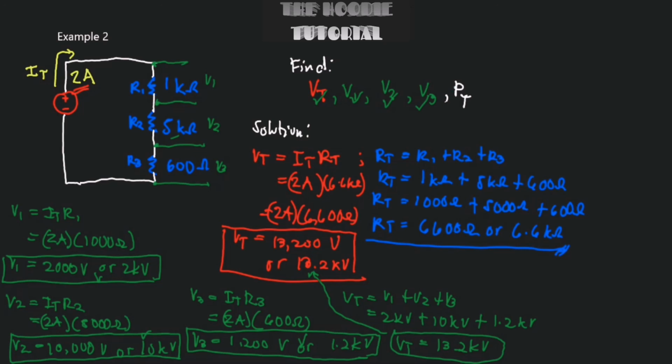Now we only need to find the total power. So, total power, let's put that right here. Since we have IT, VT, and RT, we can use VT multiplied by IT, or we could also use IT squared multiplied by RT. Therefore, PT is equal to, what is the value of VT? Let's use 13,200 volts multiplied by the value of IT, which is 2 amps.